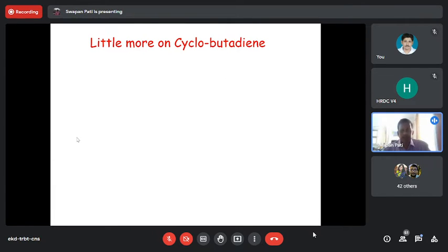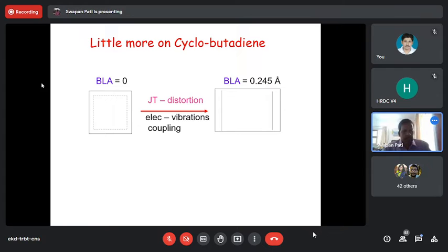A little more on cyclobutadiene. So the bond length alternation: if you make it square, the bond length alternation is 0 and all the bonds are the same. In fact, this is not a stable structure. So you put in a Jahn-Teller distortion, electron-vibration coupling, and then it becomes either this one, where 2 bonds are shorter, or the upper and lower ones can be shorter.